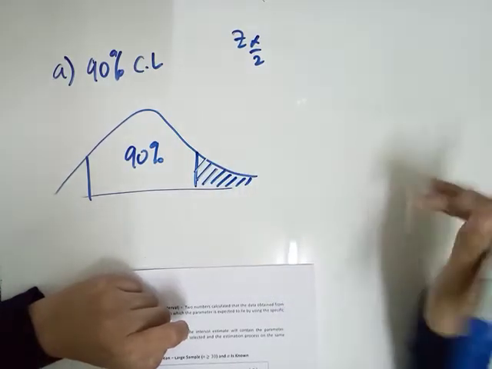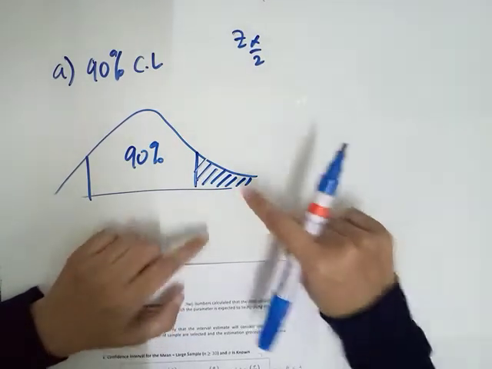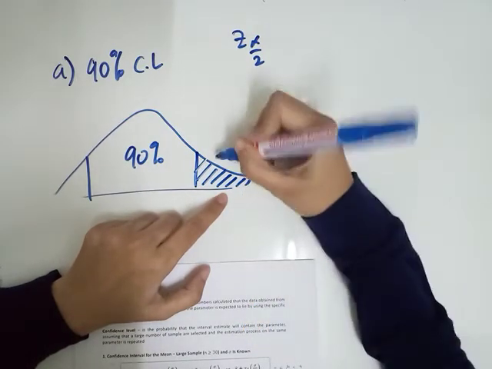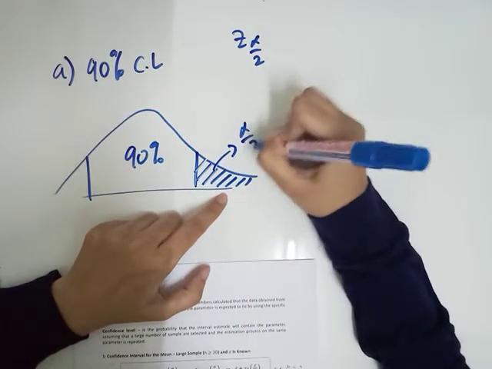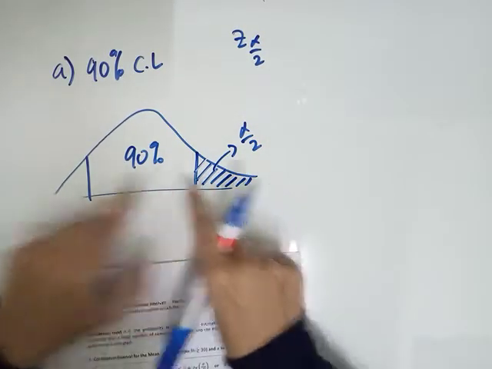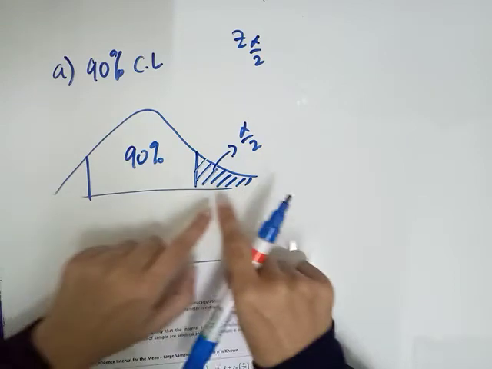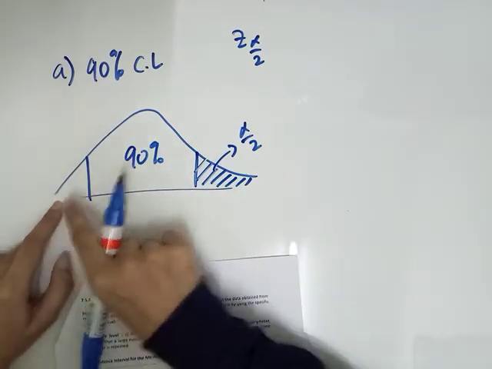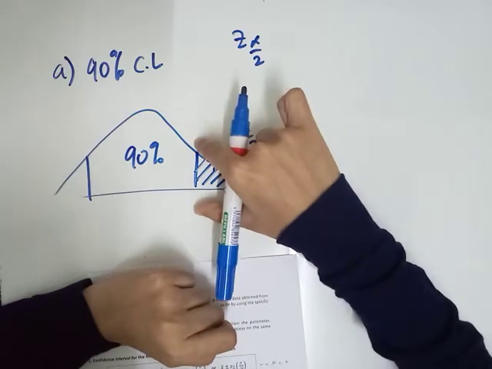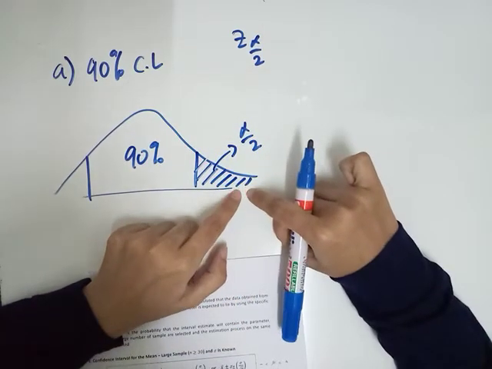Why over 2? Because we have the right tail and the left tail, so we need to divide by 2, because we only need the area in the right tail.